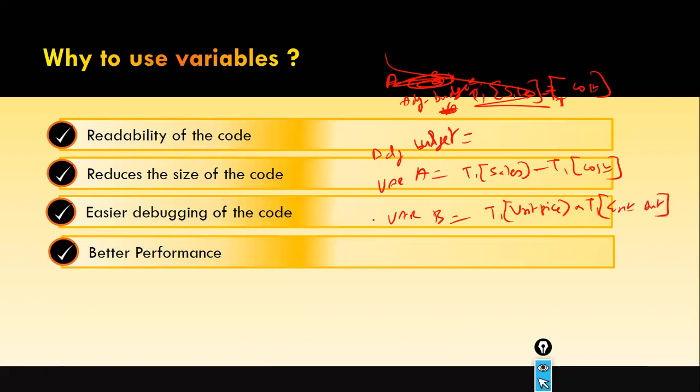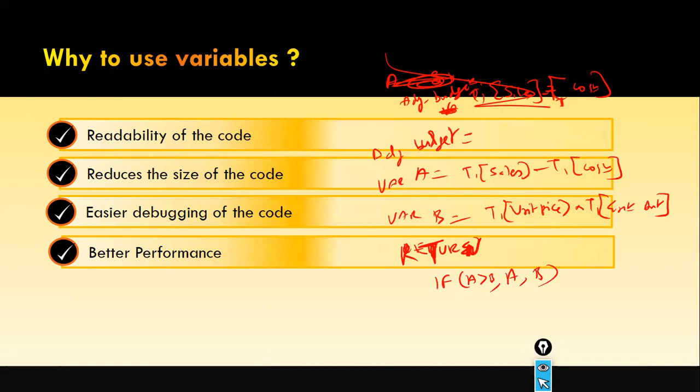When you use return here, you have to use return. In this return, if I use a simple logic, for example, if A is greater than B, then you return A, or else B. Very simple.